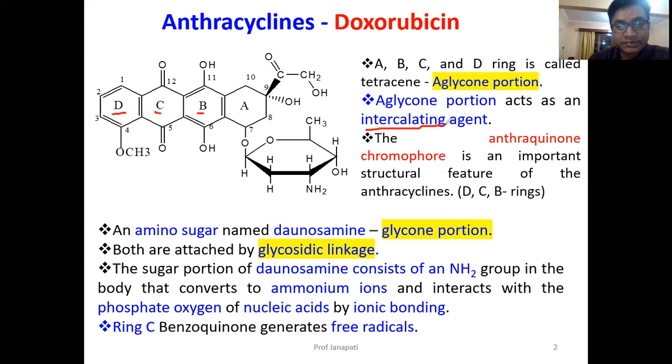The BCD ring is known as the anthraquinone group. This portion is called the anthraquinone portion, which is the chromophore portion.